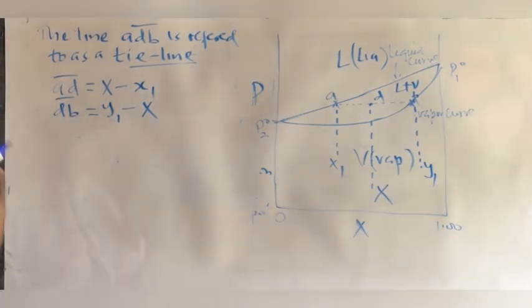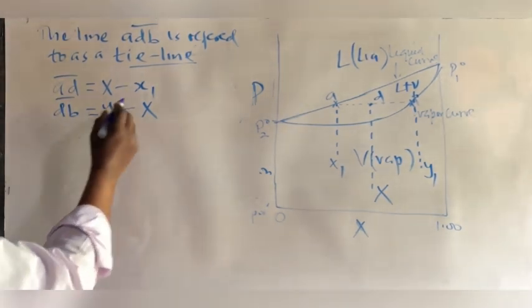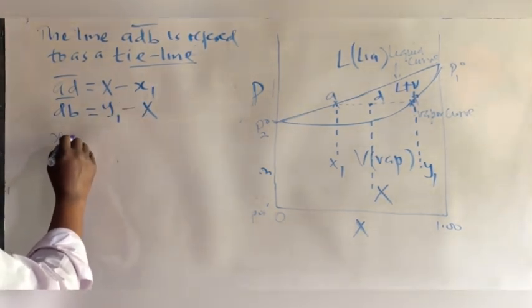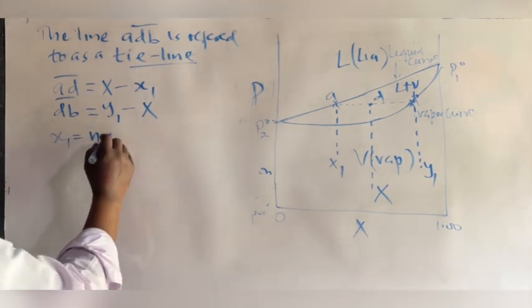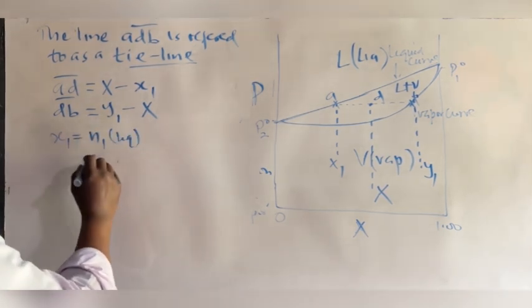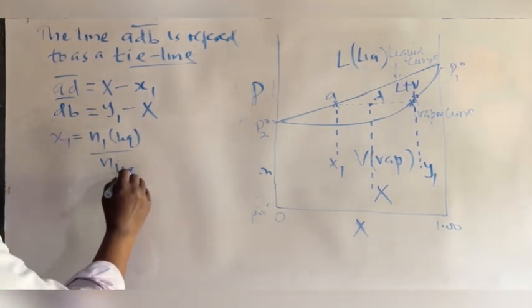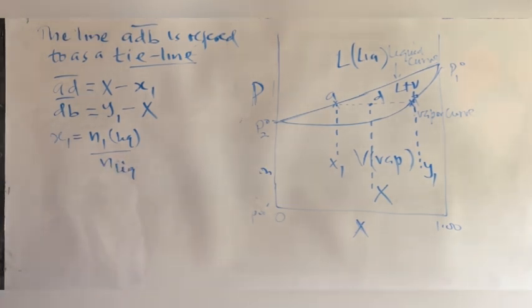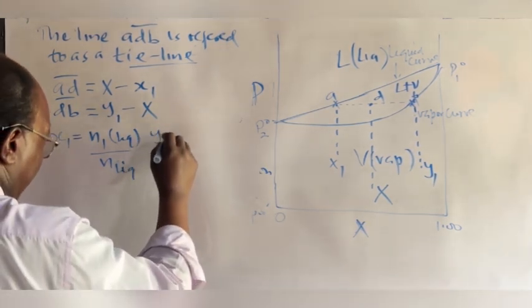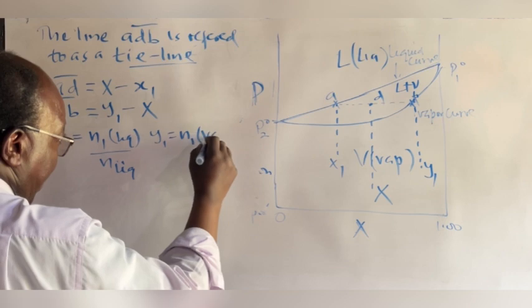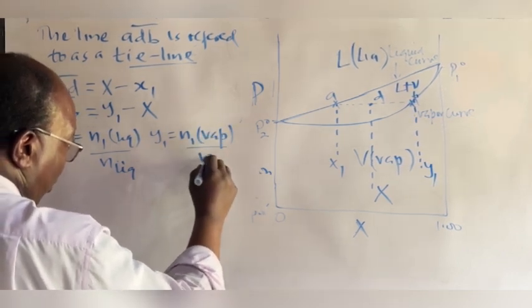Now, we need to define a few things. One, that X1 corresponds to the mole fraction of component 1 in the liquid over the total number of moles of the liquid. Y1 corresponds to component 1 in the vapor divided by the number of moles of vapor.